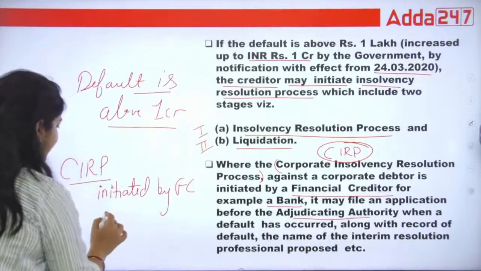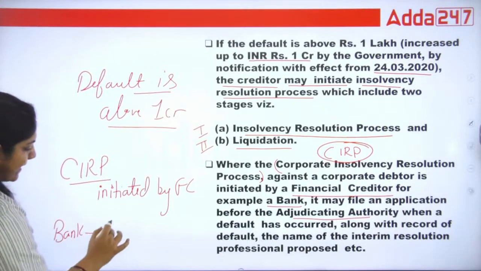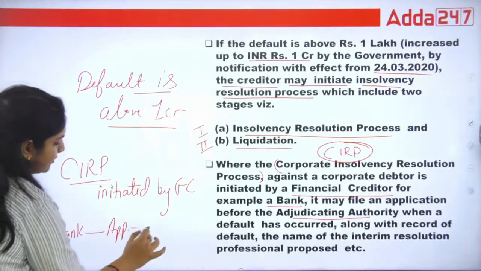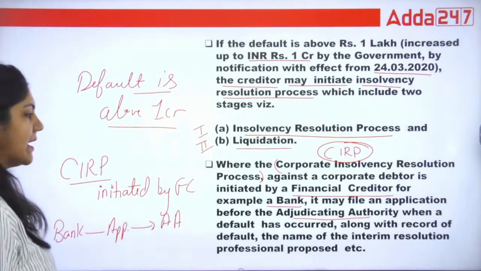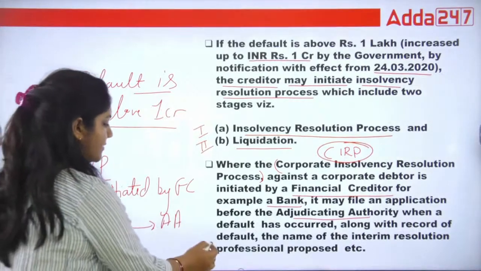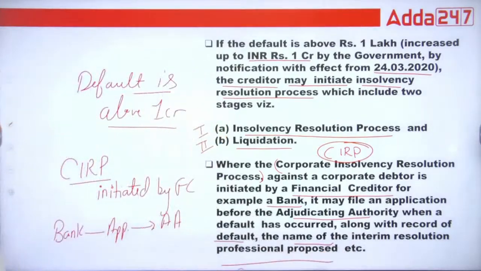So in that case, the bank will file an application to the adjudicating authority when default has occurred, along with the record of default and the name of the interim resolution professional proposed. This is important.